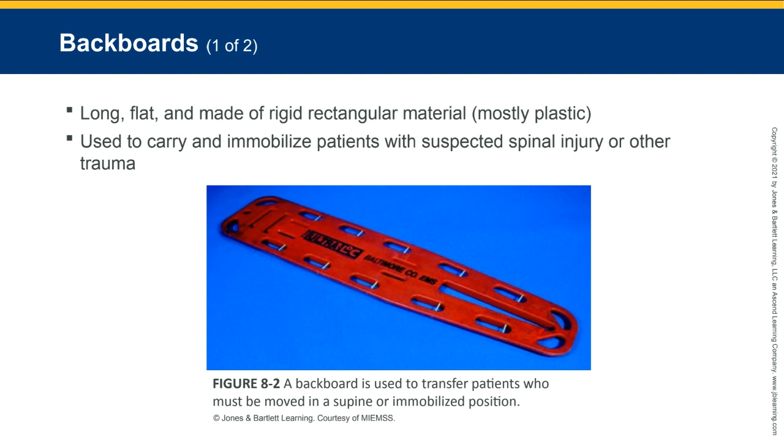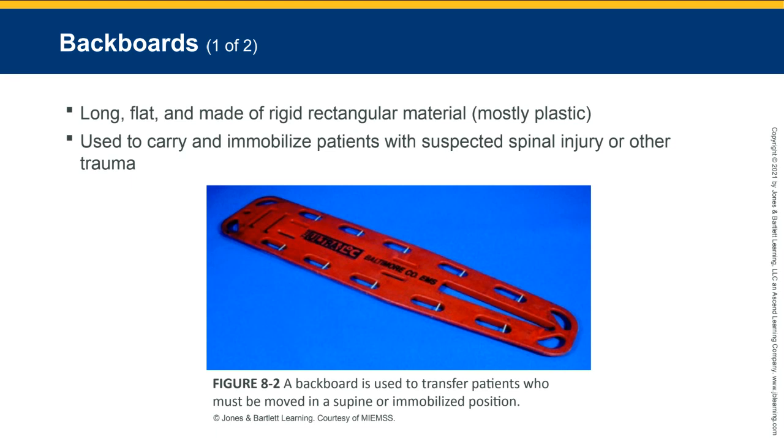It is a device that you need to be familiar with, but just understand that it is being phased out. So we're gonna get to the point where spine boards are no longer carried on the unit. And most services now don't have spine boards on the unit.